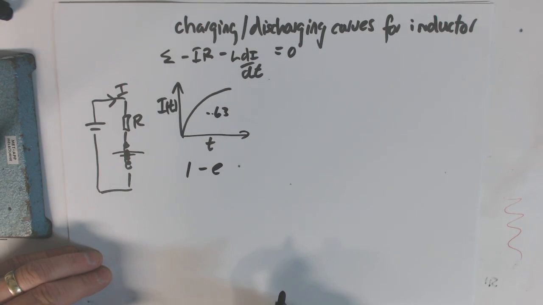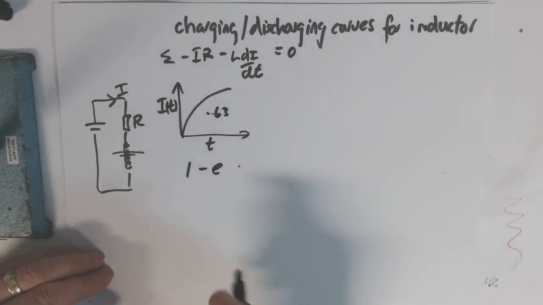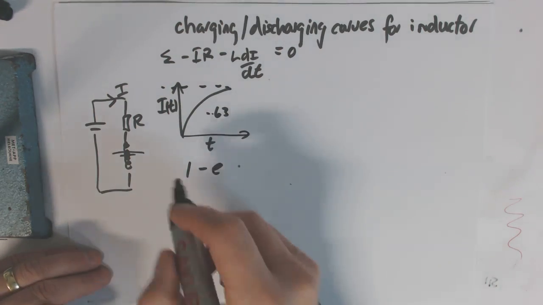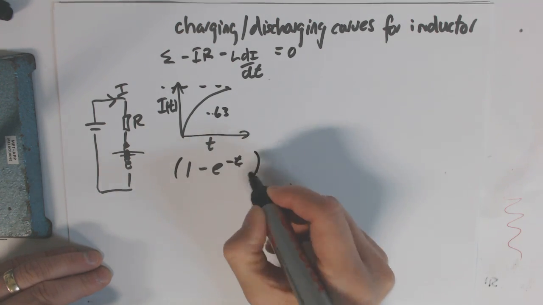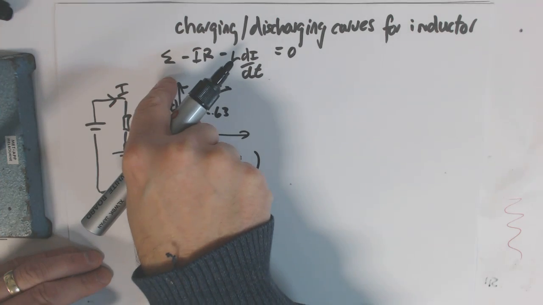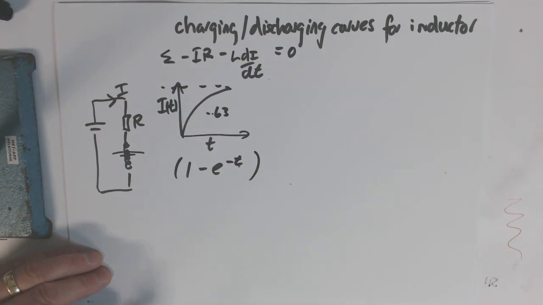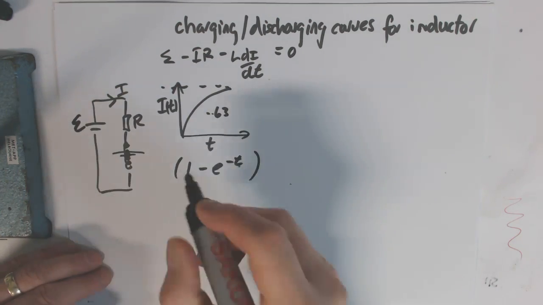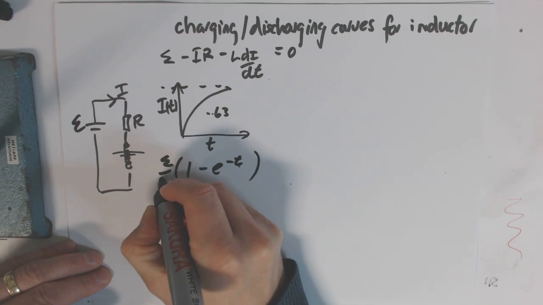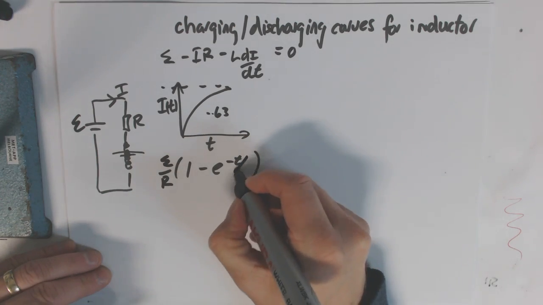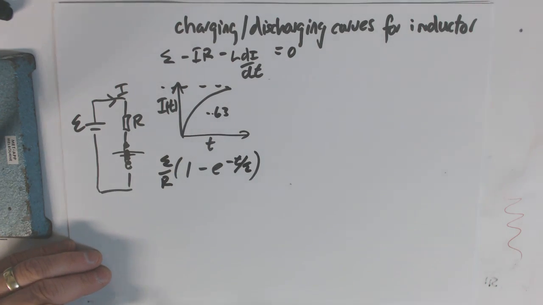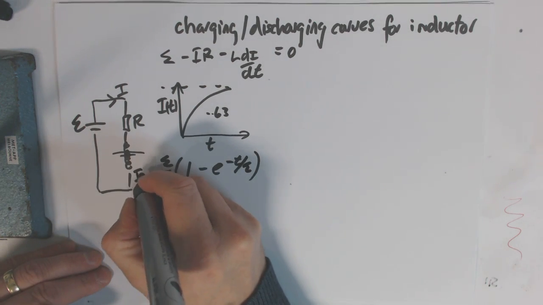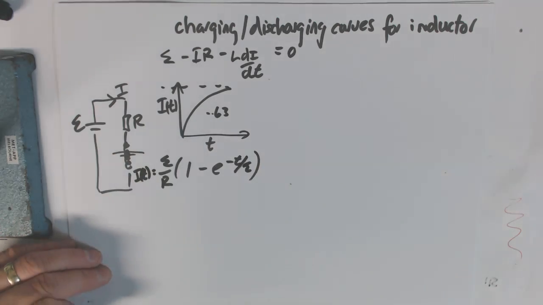It's going to finish up at a current which is just the voltage divided by the resistance, so E divided by R, and if we'd solved the equation, we would have got the time constant like that. So this is I as a function of t equals that.